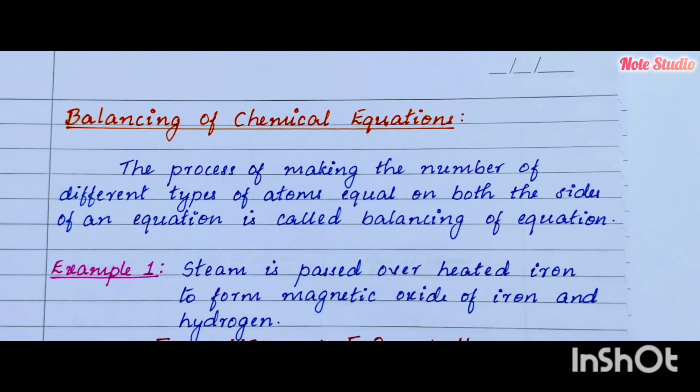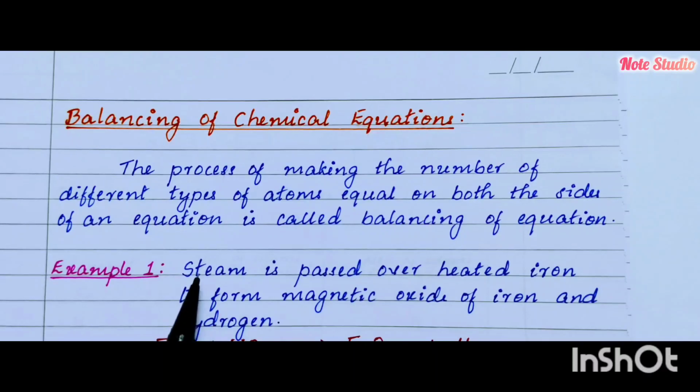Let us consider one example. See, example 1. It is given like steam is passed over heated iron to form magnetic oxide of iron and hydrogen. Can you guess now the reactants and products here? See here, steam is passed over heated iron to form.